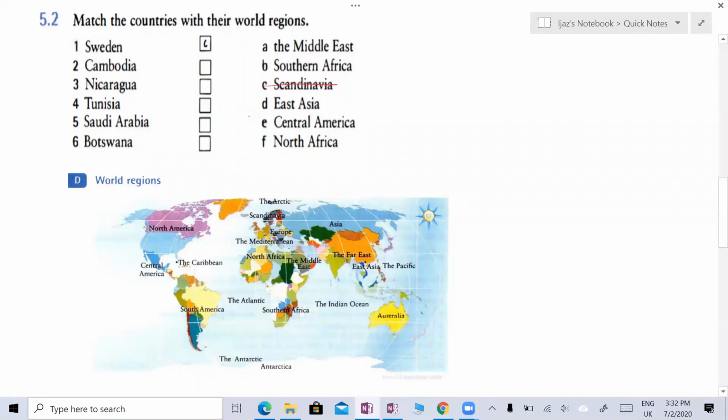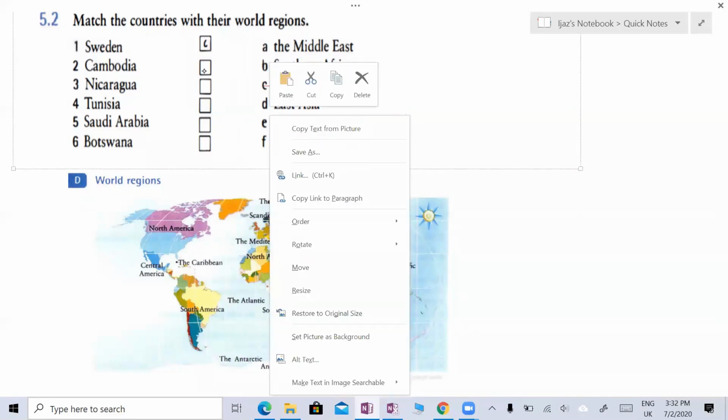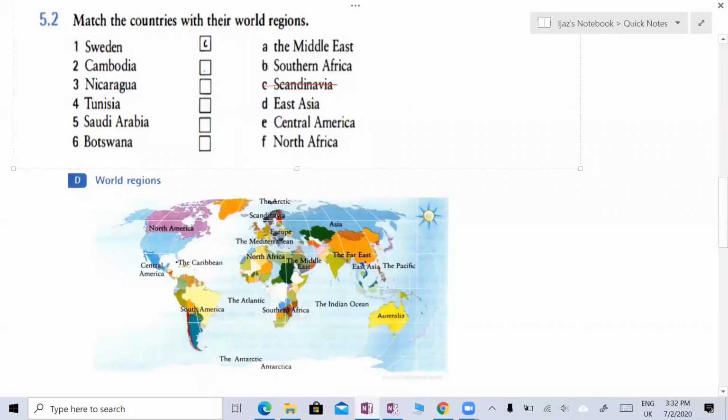Someone says 2D. Can we see first Saudi Arabia? Middle East. Okay, so number 5 is Saudi Arabia, and the answer is A. Yes.